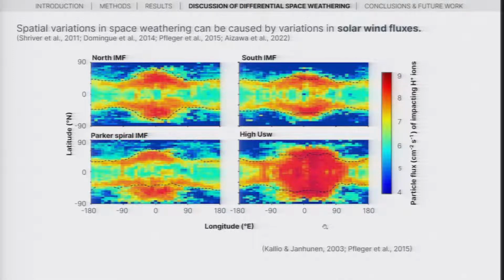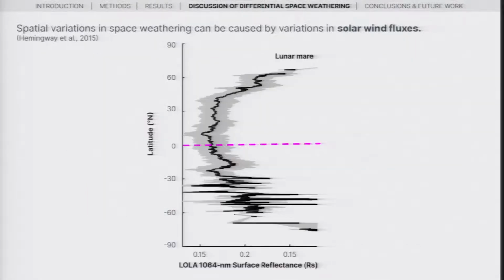This is some plots from some old work, but the posters were just taken down, but hopefully everyone got to see this work as well, which predicted perhaps there's some sort of mid-latitude enhancement of bombardment on the planet. So overall, these sort of plots suggest that perhaps longitudinal variations would not be consistent with micrometeorite bombardment or solar wind flux. So it seems that really a thermal stress would be most consistent if there are variations.